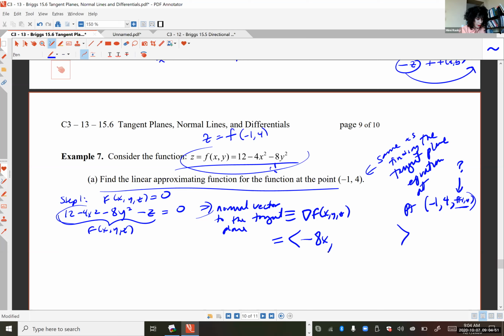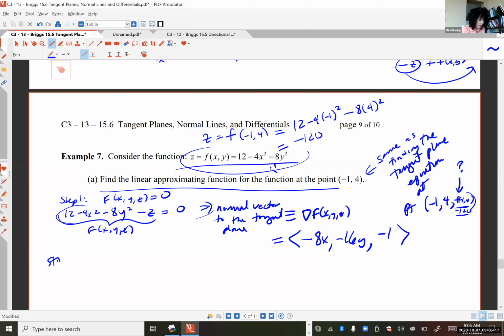The partial with respect to y is minus 16y, and the partial with respect to z is -1. Okay? When I evaluate f at -1, 4, I'm going to have to do a lot of substituting into the actual function itself, and then use your calculator, I get -120. So the z coordinate of your point is going to be -120.